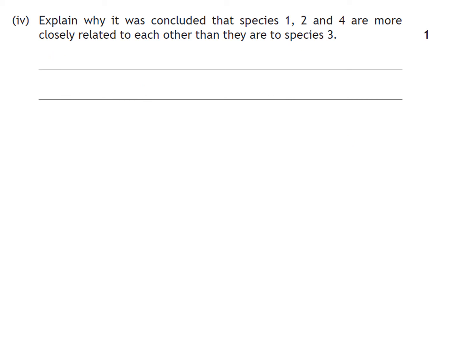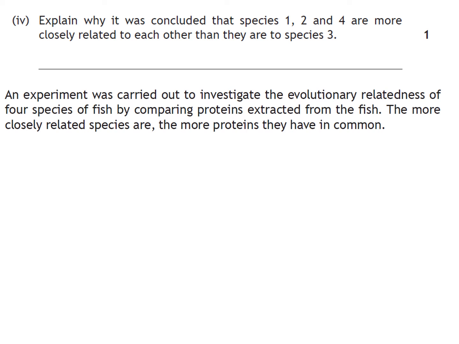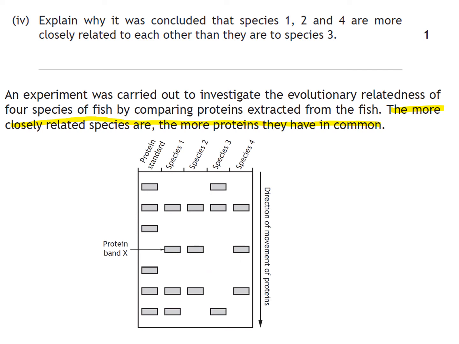Okay, explain why it was concluded that species 1, 2 and 4 are more closely related to each other than they are to species 3. So here was the context, if you remember, and it said in here, the more closely related species are, the more proteins they have in common. Here are our results. So here's species 1. Species 1 has bands in common with all of these at this point.